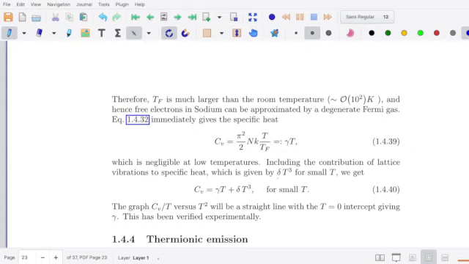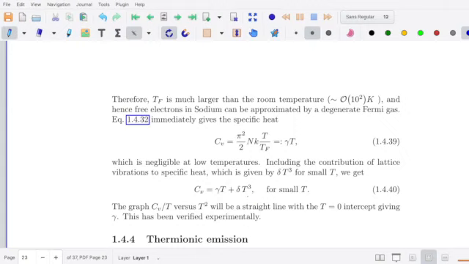So using the proportionality constant delta, we may write the low temperature specific heat of metals as gamma times T plus delta times T cube for small temperatures. The first one corresponds to the electronic contribution, and this corresponds to the lattice contribution, the phononic contribution.